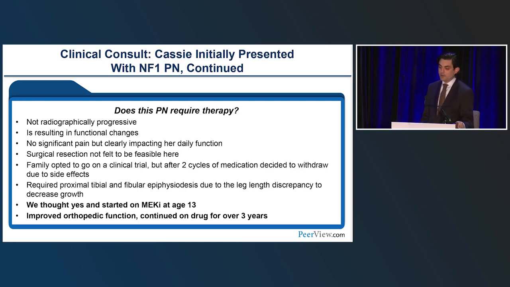So the family opted to go on a clinical trial, but after 2 cycles on medication, decided to withdraw due to side effects. She required proximal tibial and fibular surgery to fix the leg discrepancy, and we thought we should start MEK inhibition at age 13, which improved her orthopedic function, and she continued on drug for 3 years.